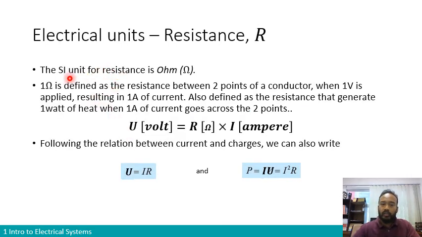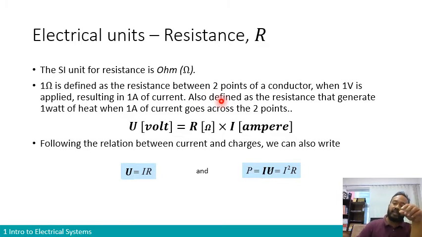So let's go to the last basic unit of electricity, which is the resistance. The SI unit of resistance is ohm, with the symbol omega, Greek letter omega. So what is defined by 1 ohm? 1 ohm is defined as the resistance between 2 points of a conductor.